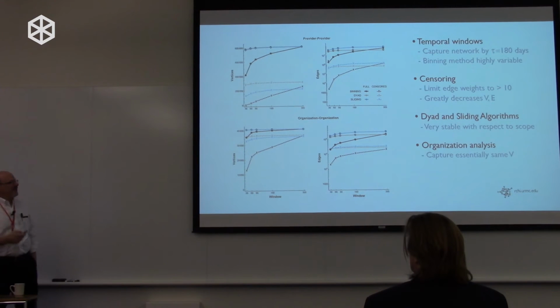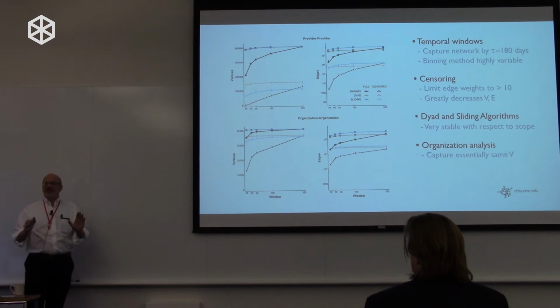We looked at the dependency of some very simple measures, the number of vertices present in the graph, or the number of edges. These are the three methods. Red is for the binning method. The dyad method is the orange, and the sliding method is in blue. Now, the other thing that Medicare does, because of this issue of unicity and being able to identify an individual by the unique combination of providers, is censor the graphs.